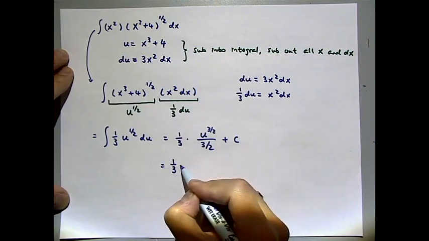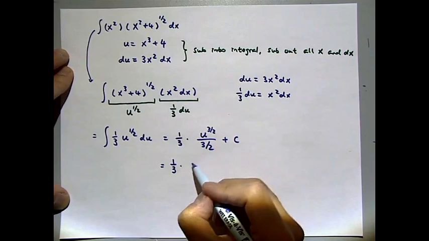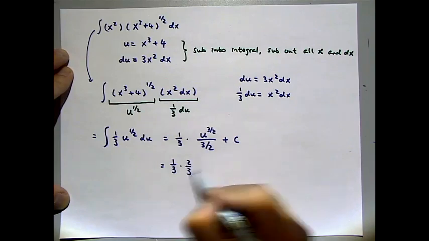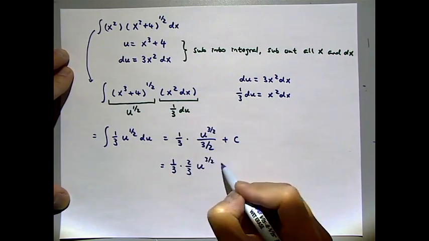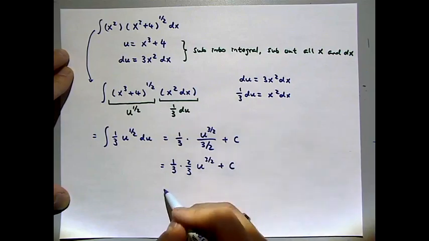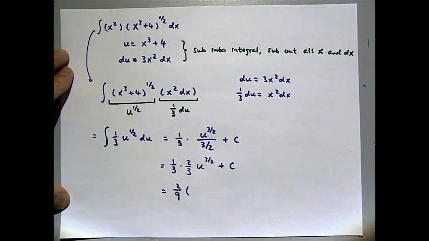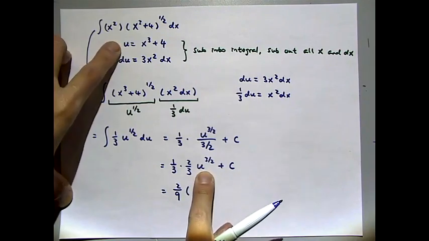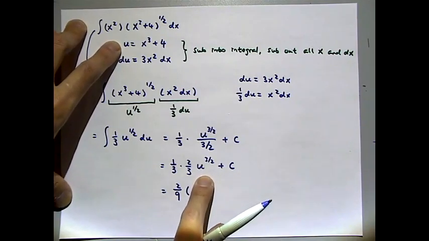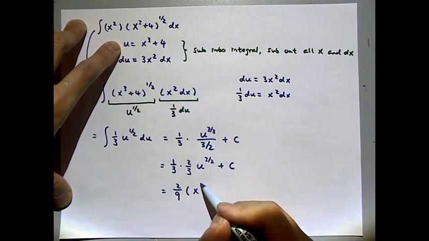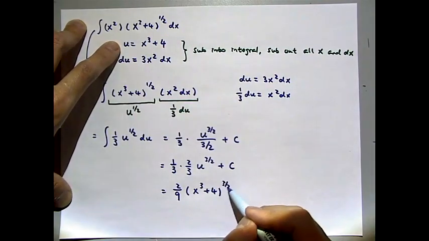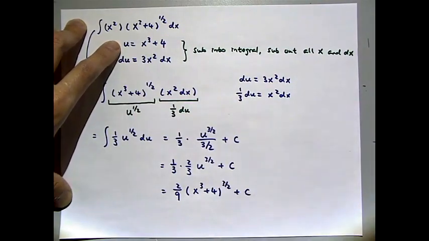So that's equal to 1/3 times the reciprocal of 3/2, u to the 3/2 plus constant. So 2/9. The last step here, we get x back out. We're done with u. So the answer is 2/9 times (x cubed plus 4) to the 3/2, plus c.